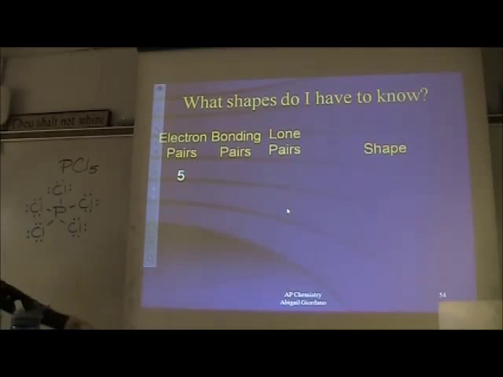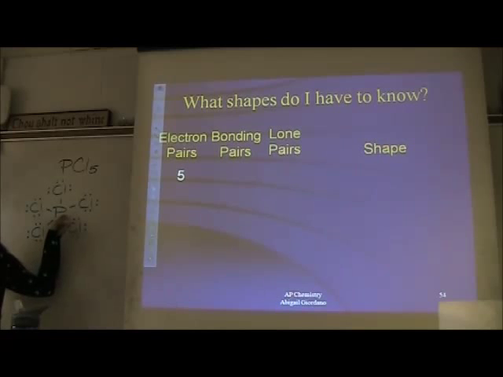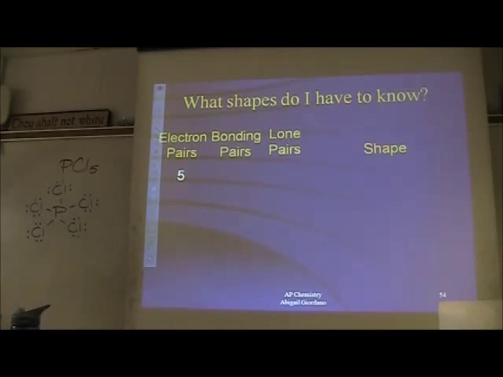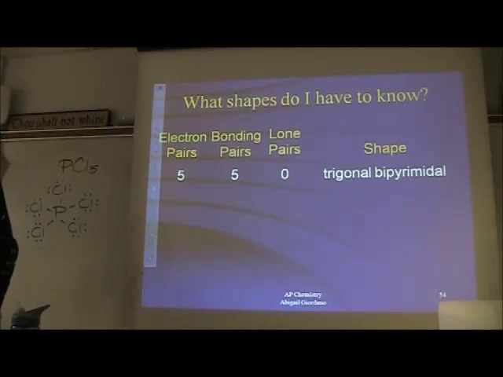Why is it okay that phosphorus is exceeding the octet? It has an available D sublevel. All 5 are bonded. 0 lone. You will need to use the purple piece as your central atom and fill it up. It's called trigonal bipyramidal.